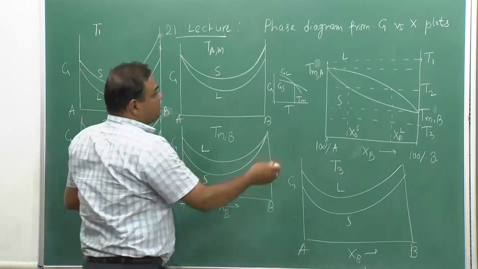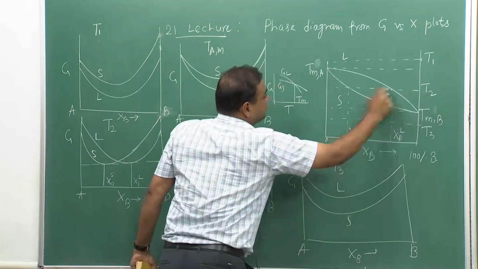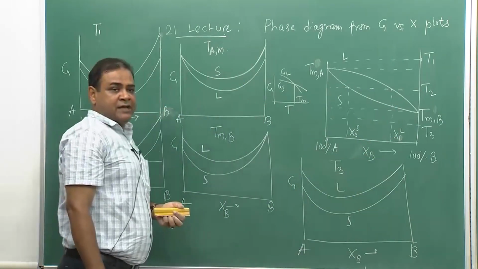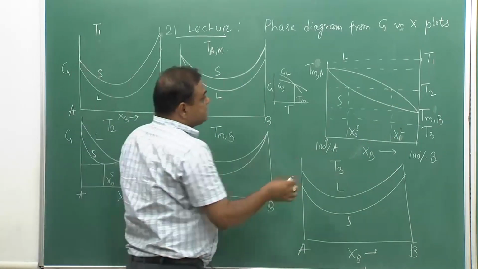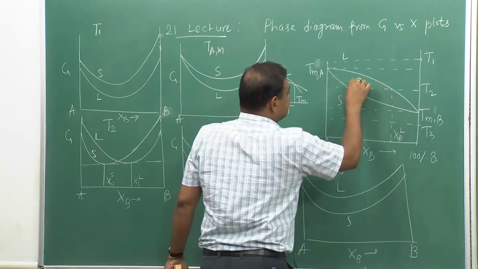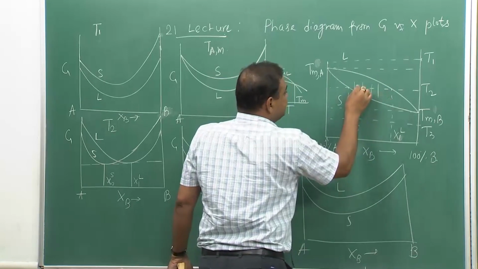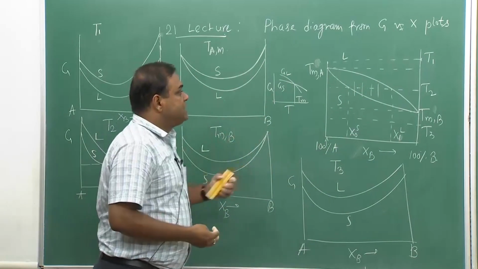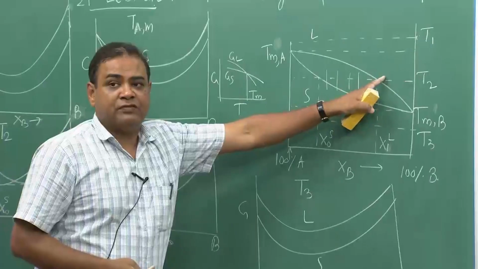Now come back to the situation where we are taking T2 for the entire composition range. At T2, if we take any composition within this range, that composition would distribute into liquid and solid phases.